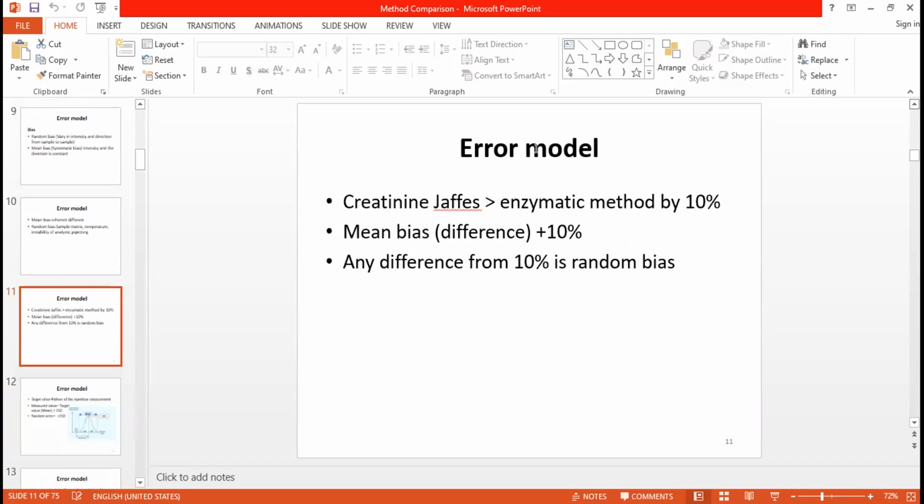If I take a simple example, the creatinine Jaffe method is often 10 times higher than the enzymatic method, and that 10 times is the mean bias. And any difference from that 10 times is the random bias.